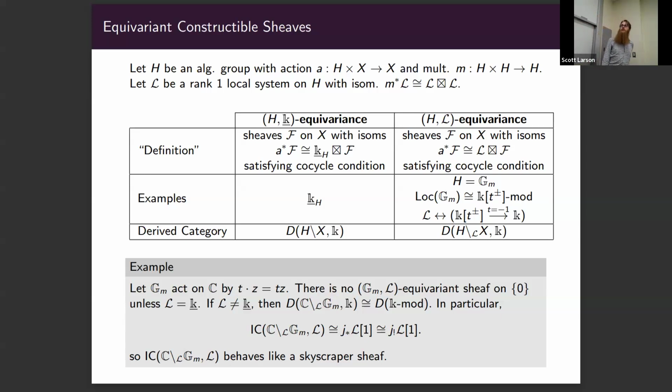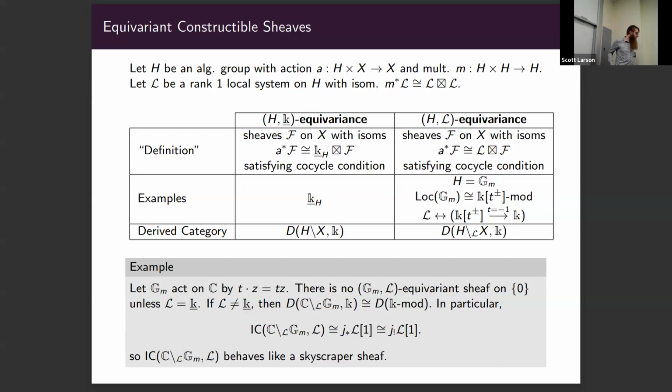And really, since we're working with derived things, there's even more data you need to specify, but this is perfectly okay for now. What I care about for the purposes of this talk is not usual equivariance, but so-called twisted equivariance. We want to twist by a multiplicative local system on the group that we're working with.